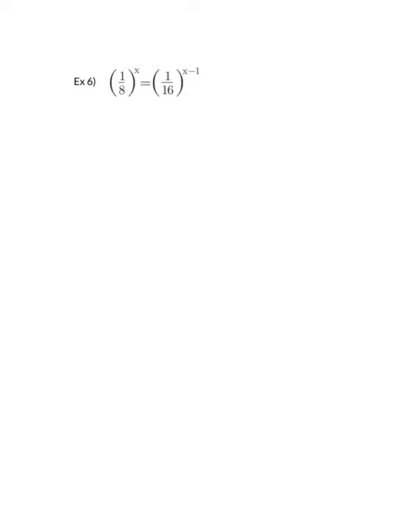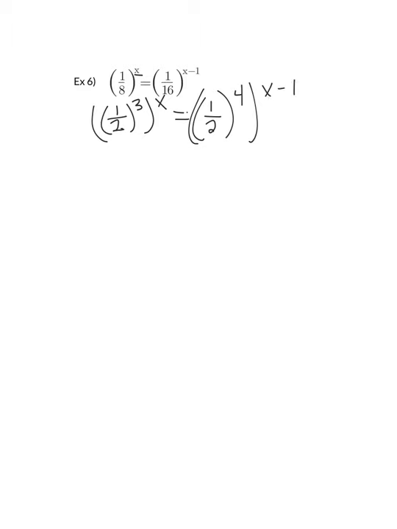So first things first, 1 over 8 is going to become 1/2 cubed. Now I still need to keep my exponent of x. My 1 over 16 is going to become 1/2 to the 4, but I still need to keep my x minus 1.